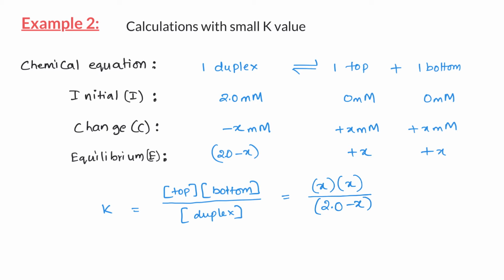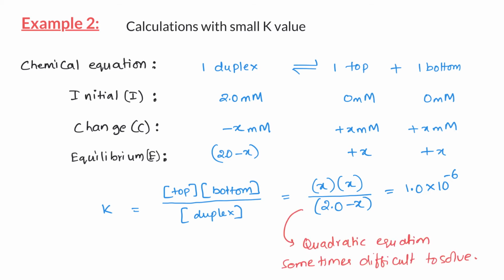This should be equal to the given equilibrium constant, that is 1.0 times 10 to the negative 6. If we simplify this, we will get a quadratic equation which is sometimes very difficult to solve.